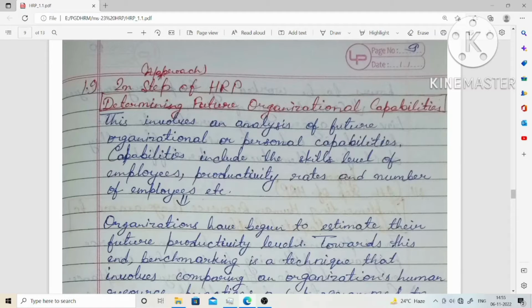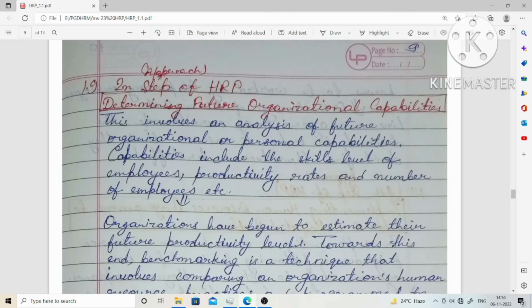In the previous session I explained the factors or issues which affect human resource planning, that is external and internal factors. Here we are going to discuss first determining future organizational capabilities. This is the second step.